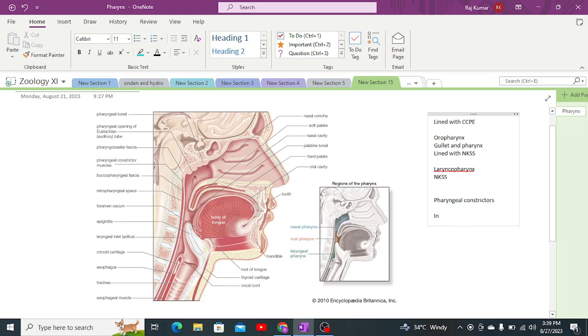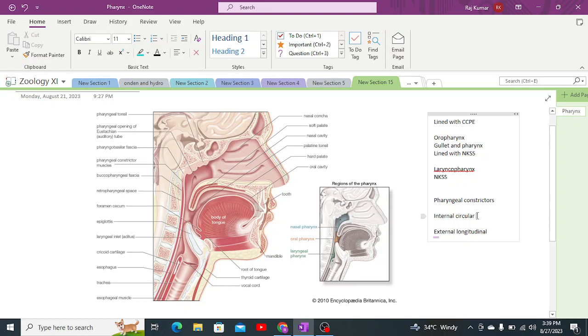First includes the internal pharyngeal constrictors, which are circular. On the other side, there are external pharyngeal constrictors, longitudinal or elongated pharyngeal constrictors.